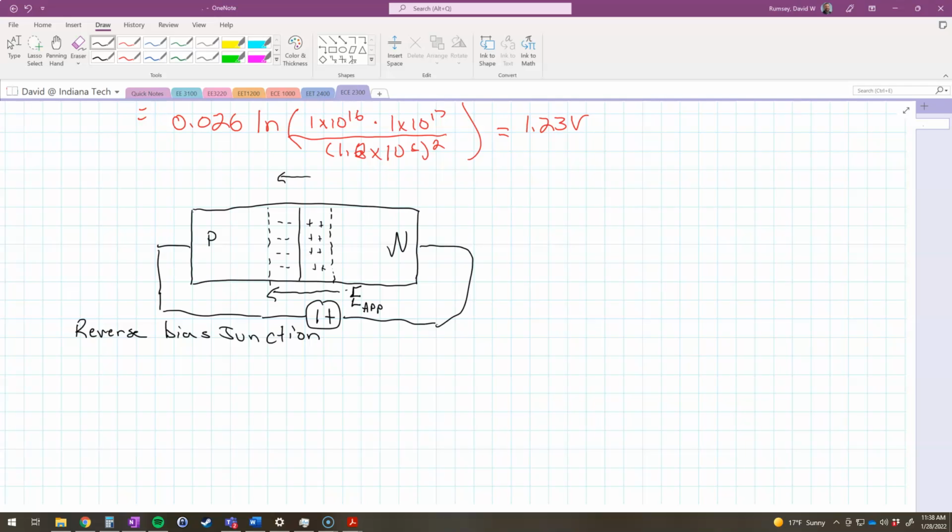And so what that's going to do is just increase my depletion region. So I'll have a larger depletion region by putting a reverse voltage on it.